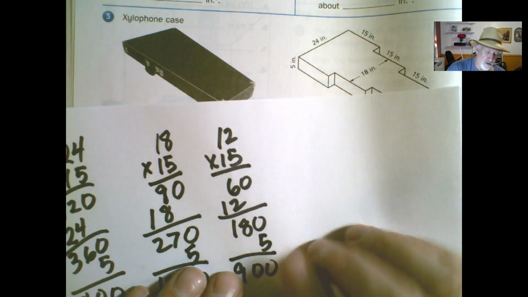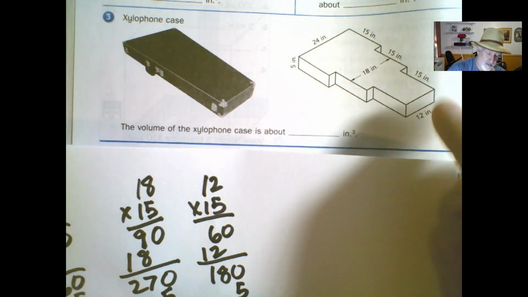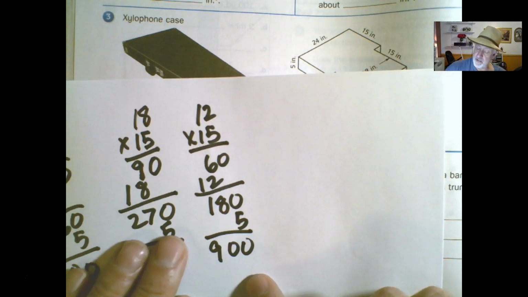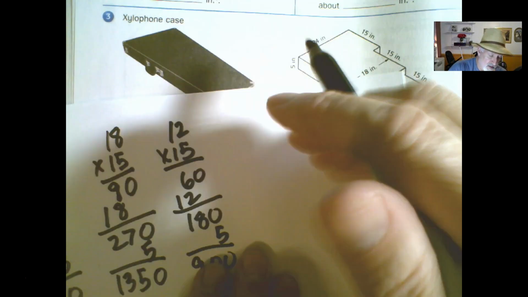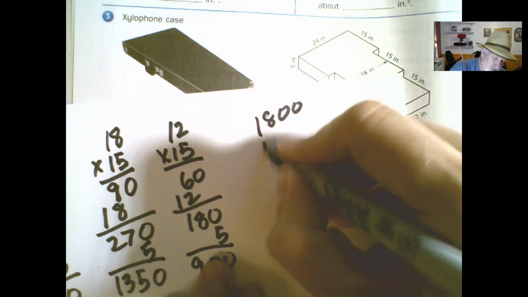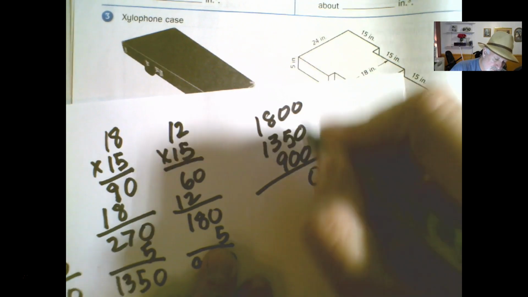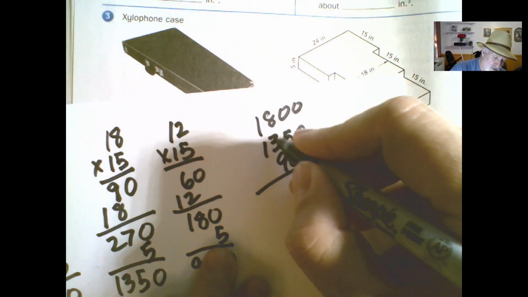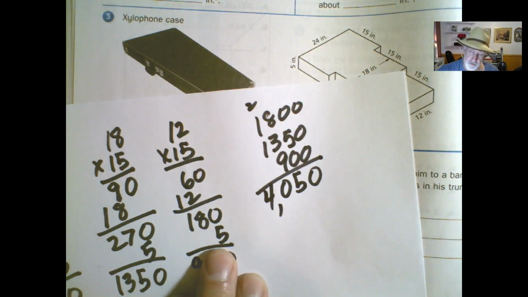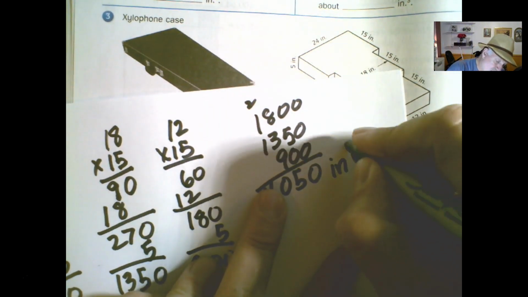And I did that for the third one, which is 12 by 15, and that came up to 180, and it was 5 high, so that came up to 900. Now that I have all 3 of those volumes, all I have to do is add them together. 1800 plus 1350 plus 900, and it looks like I came up with an answer of 4,050 cubic inches.